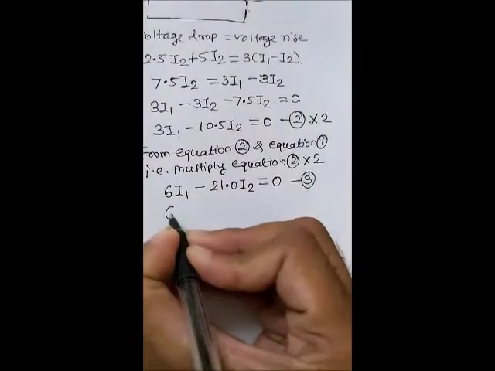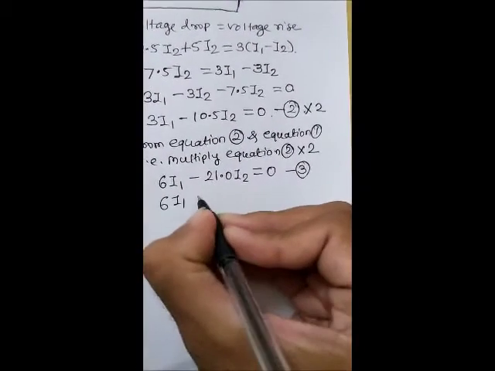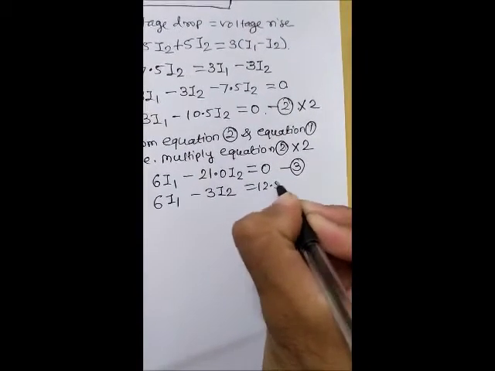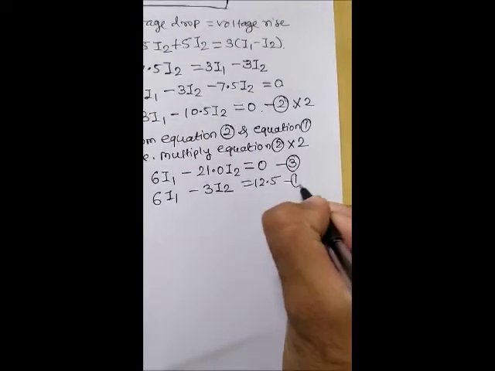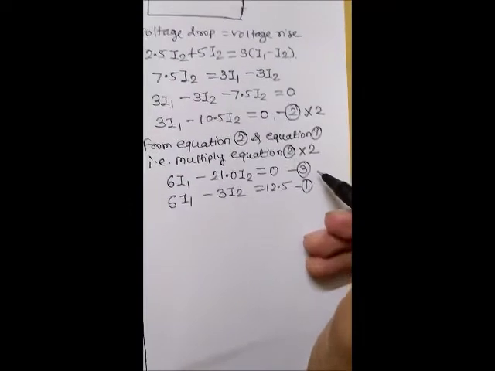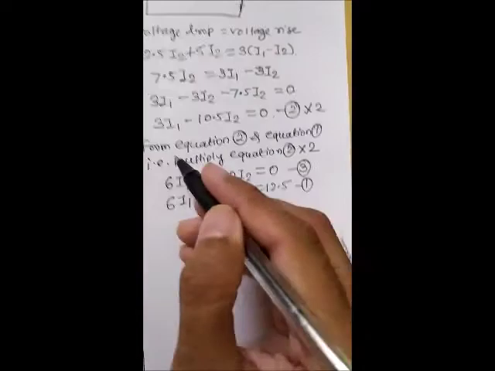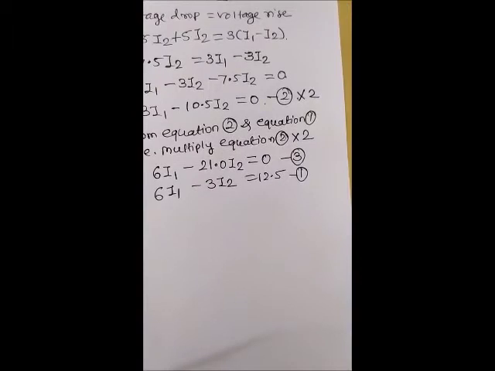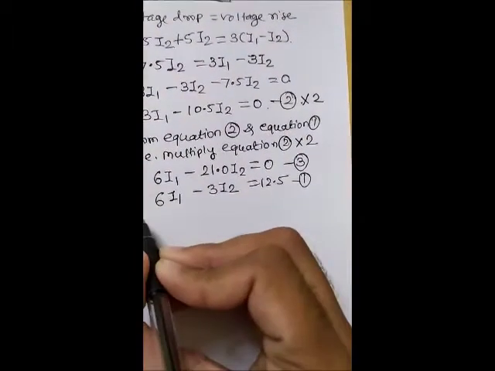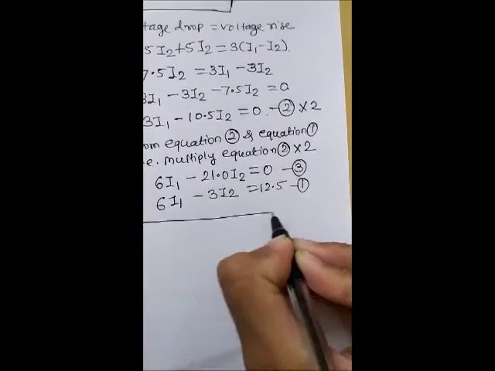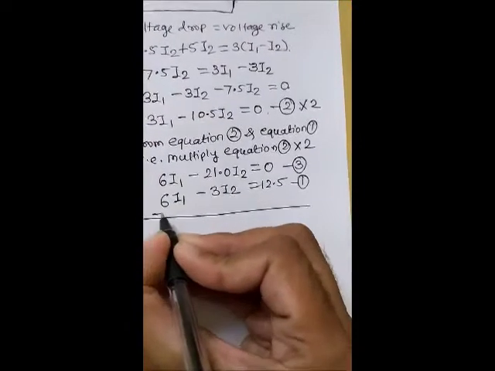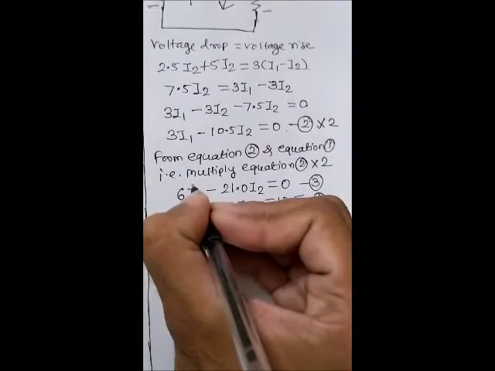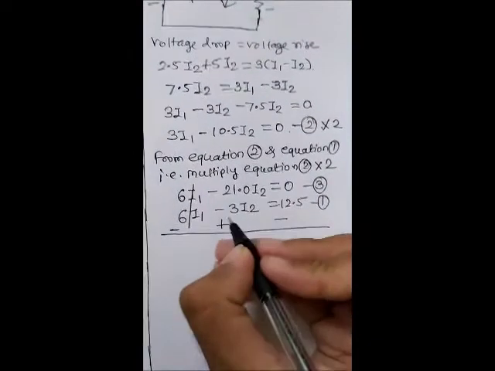And equation 1 is 6 I1 minus 3 I2 is equal to 12.5. Equation number 1. Now you will understand why I multiplied equation 2 by 2: to cancel out the I1 terms so I can get the value of I2. Change the signs, this is minus, this is plus, this is minus. 6 I1 and minus 6 I1 get cancelled here.